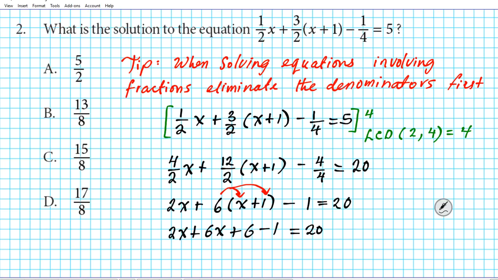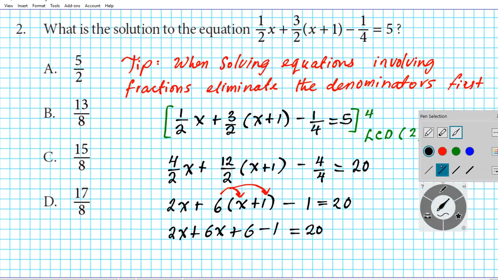Combining 2x and 6x yields 8x. And then if we combine positive 6 and negative 1, that gives us plus 5 equals 20.